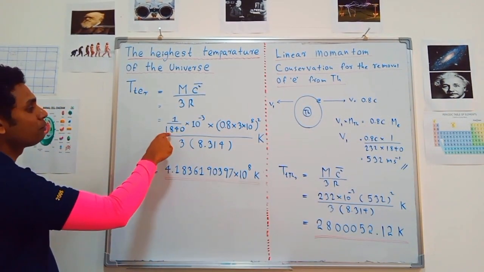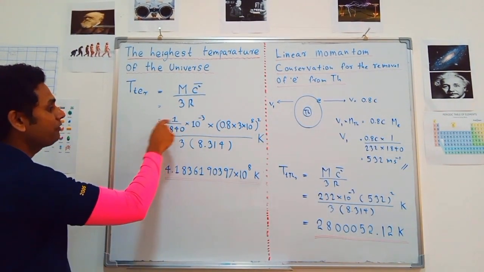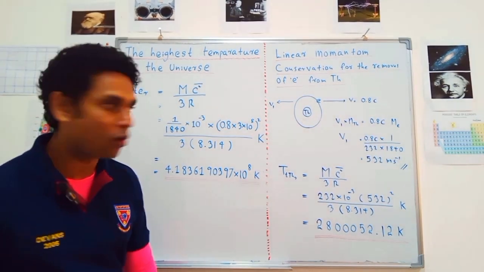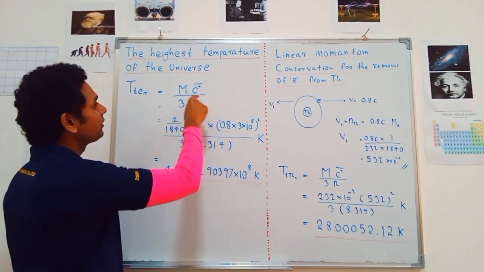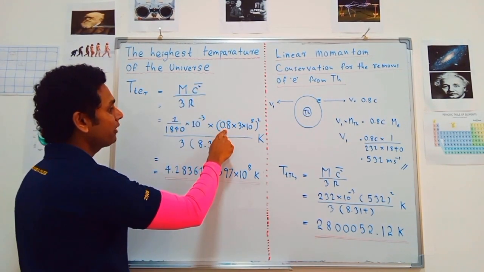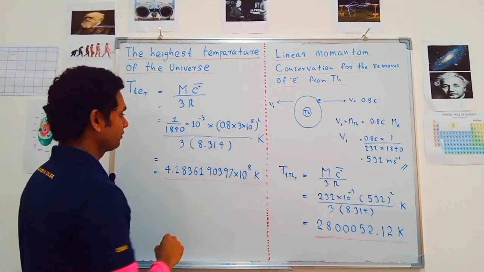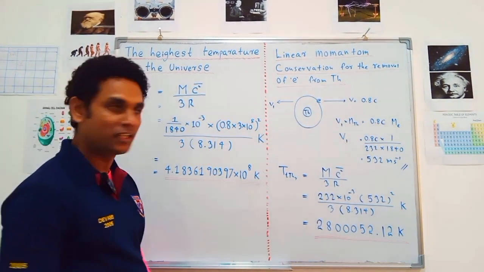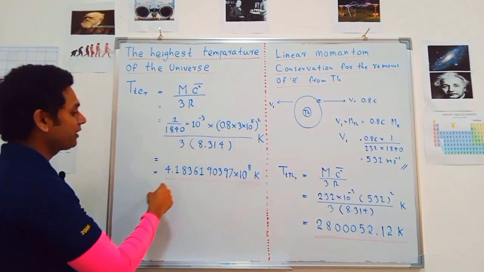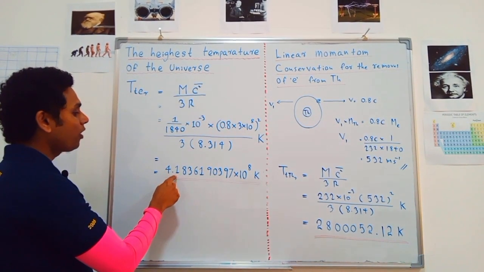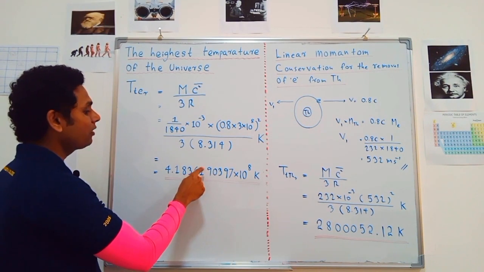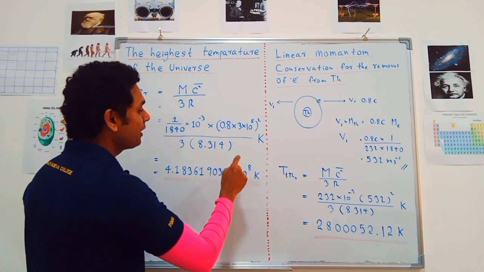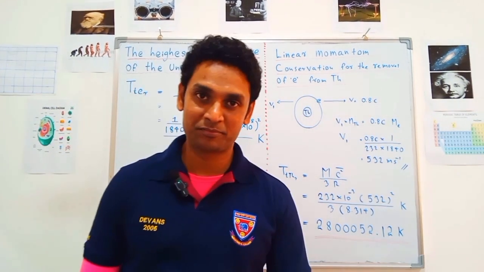So this is the molar mass of the electron, 1 divided by 1840 multiplied by 10 to the power minus 3 kilograms per mole, multiplied by c bar squared, which is now 0.8 of the speed of light squared, divided by 3R, where R is 8.314. So finally, from this calculation, we get a value of 4.1836190397 multiplied by 10 to the power 8 Kelvin.